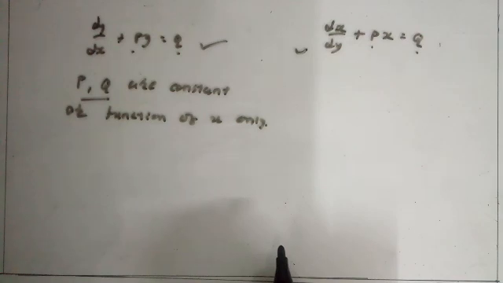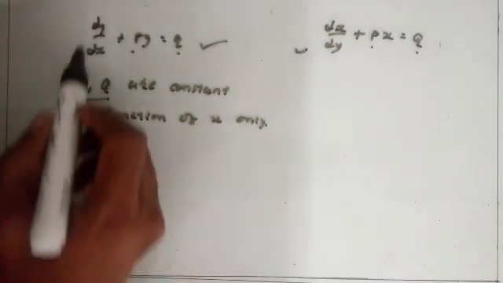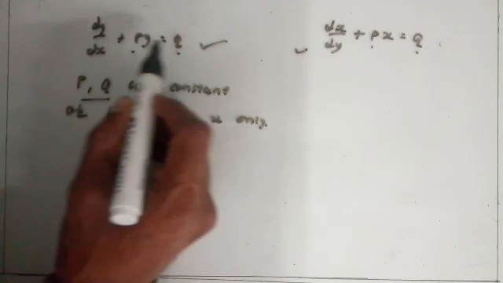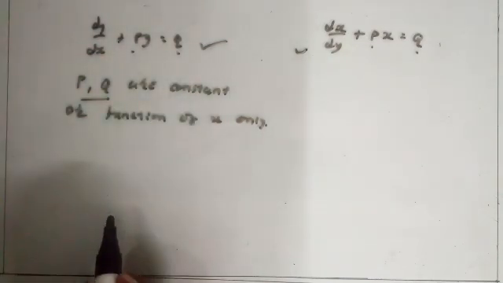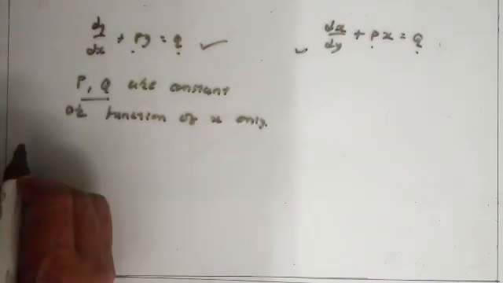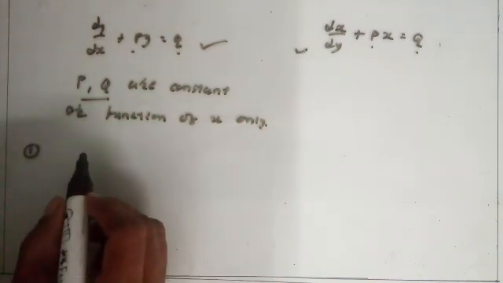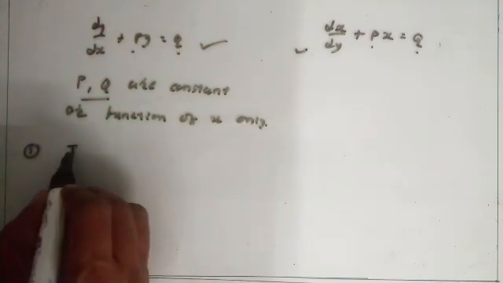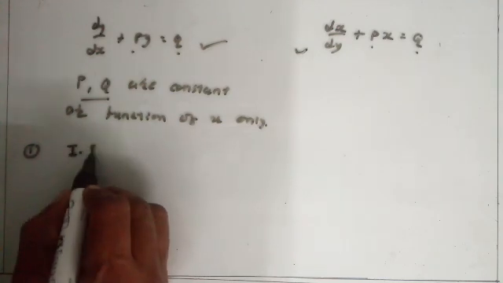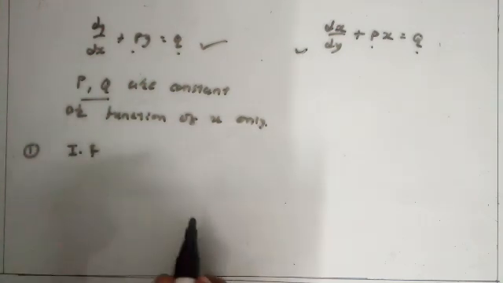Now think about how to get the solution of this linear differential equation. If dy/dx plus py is equal to q, this type of linear differential equation is given, then first we find the integrating factor, that is, IF.